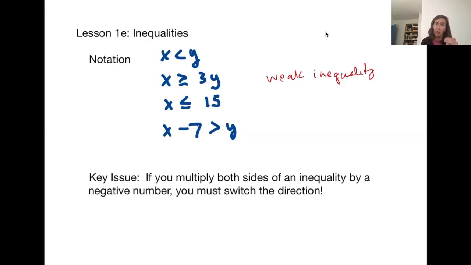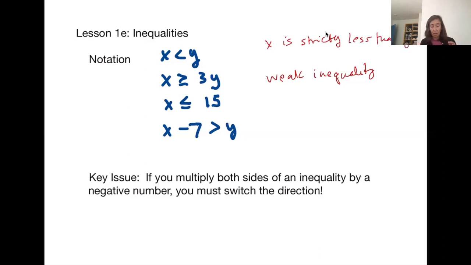So sometimes inequalities include the possibility that the two sides are equal, and we denote that by having the bar underneath the inequality, and sometimes they don't. Okay, so these top and bottom inequalities are strict inequalities, and in this case, we would say x is strictly less than y.